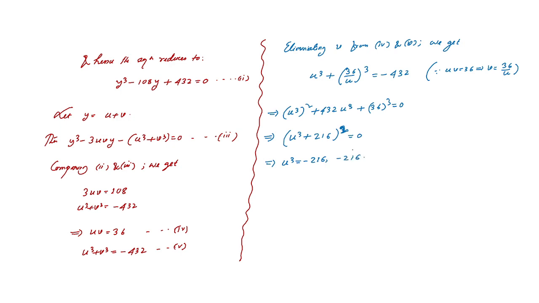Now, moving to the next step, taking u cube equals minus 216, obviously v cube is also minus 216. Why? Since u cube plus v cube equals minus 432 by 5. So now we'll use this result, this fact.